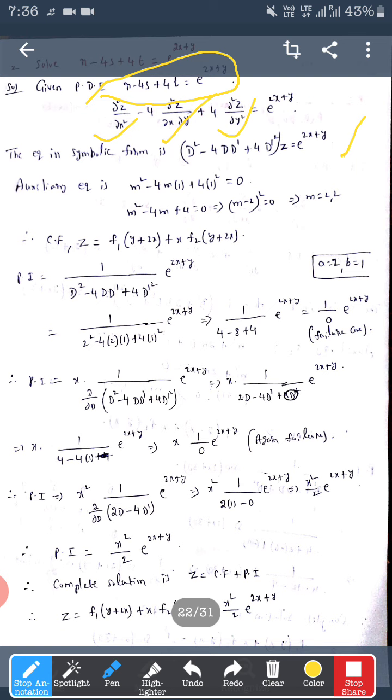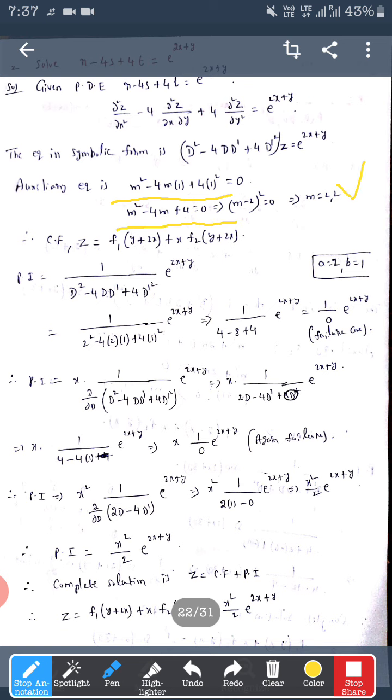And again, in this function f of D comma D dash, if you write in place of D m, in place of D dash 1, then m square minus 4m into 1 plus 4 into 1 square is equal to 0. Therefore, m square minus 4m plus 4 is equal to 0.